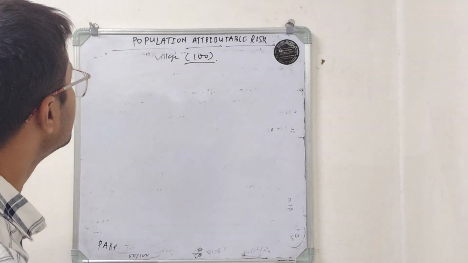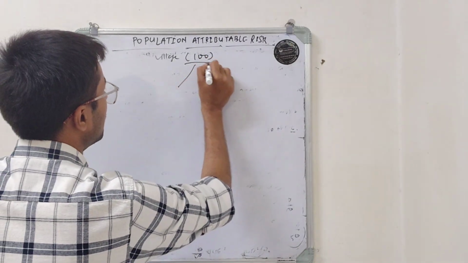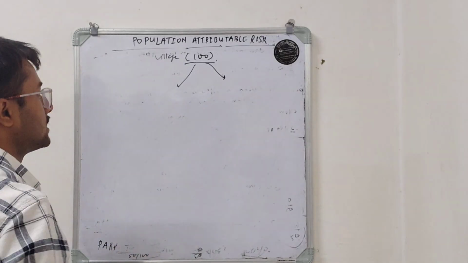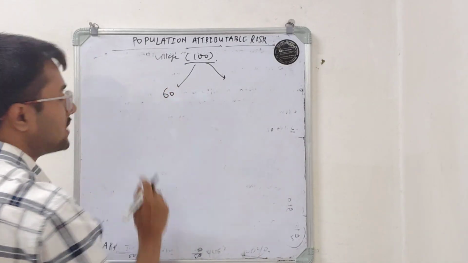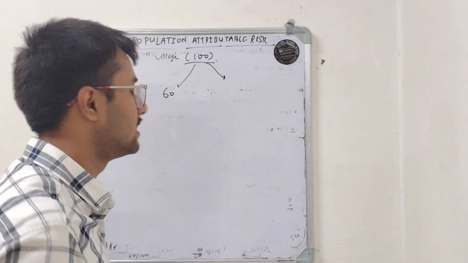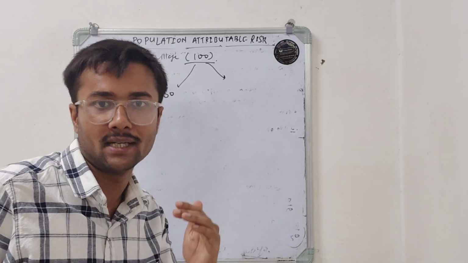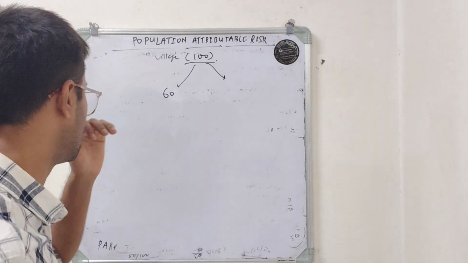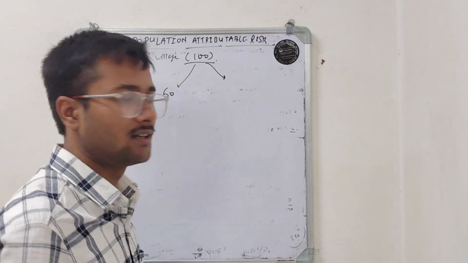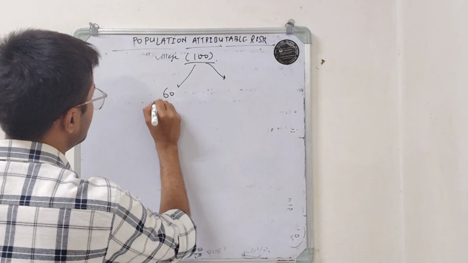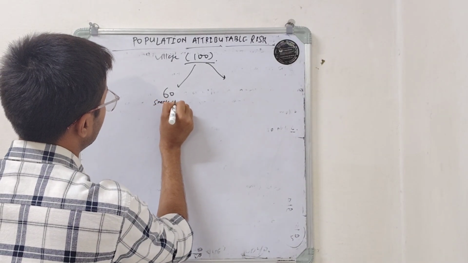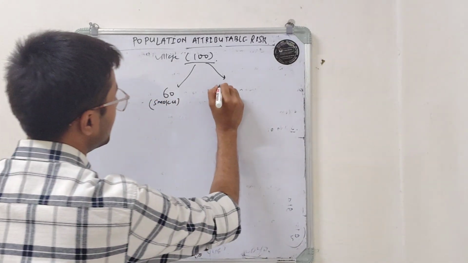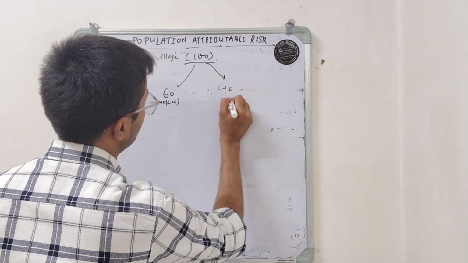In this 100 population, now I will increase 10 more people. Initially in the first example there were 50 smokers. Now we increase 10 more. There are 60 smokers, while 40 are non-smokers.